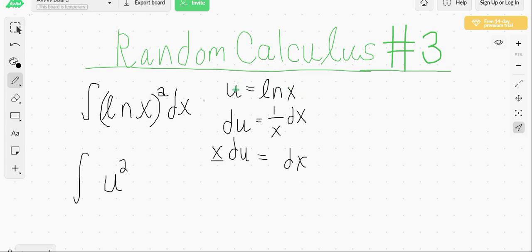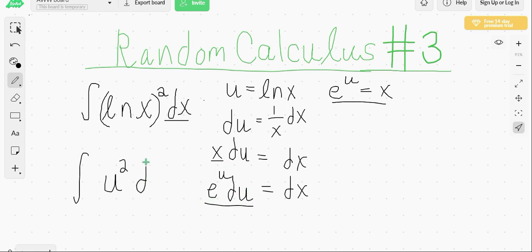If we take e to both sides, we get e to the u is equal to x. So this is key right here. We're going to use that in place of x down here. So now we're going to write e to the u du is dx. Good. So now we're strictly in terms of u. So now dx is e to the u du.